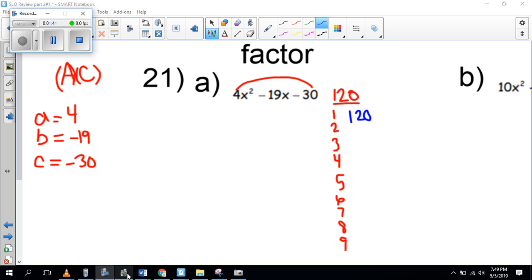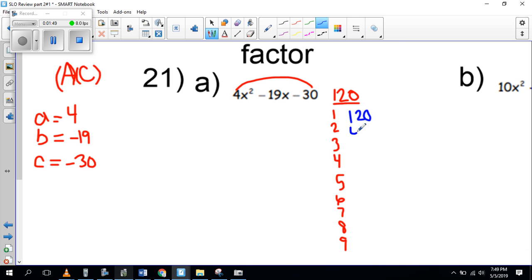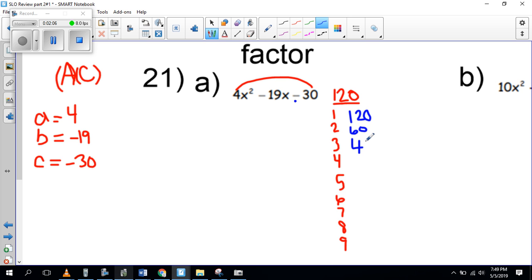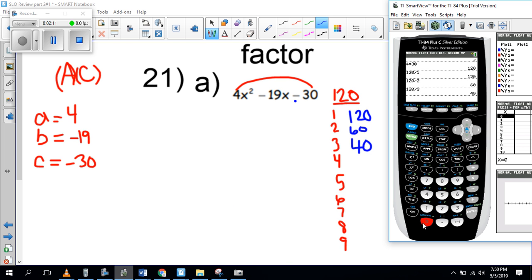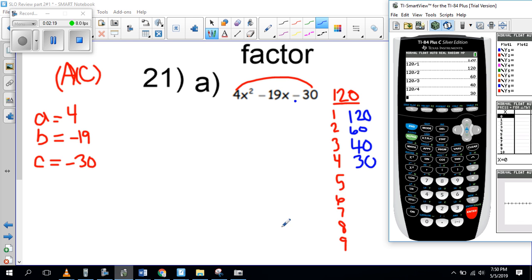Next we do 120 divided by 2, and we get 60. Now we do 120 divided by 3, and we get 40. And then 120 divided by 4, and we get 30.